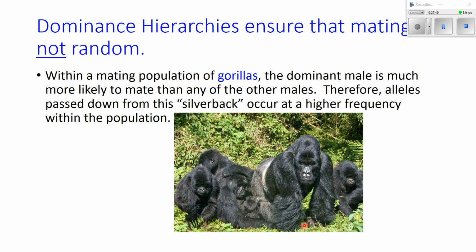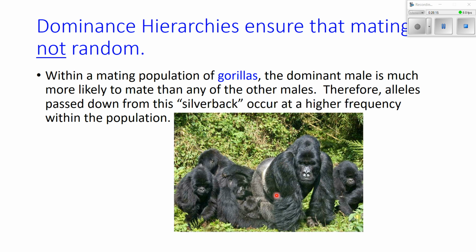You see something very similar to that amongst African gorillas, where you have multiple females in what's called a harem, and there may be several males, but only the most dominant sort of senior male, which we often refer to as a silverback. Only that dominant silverback is actually mating with the females. So the mating's not random.